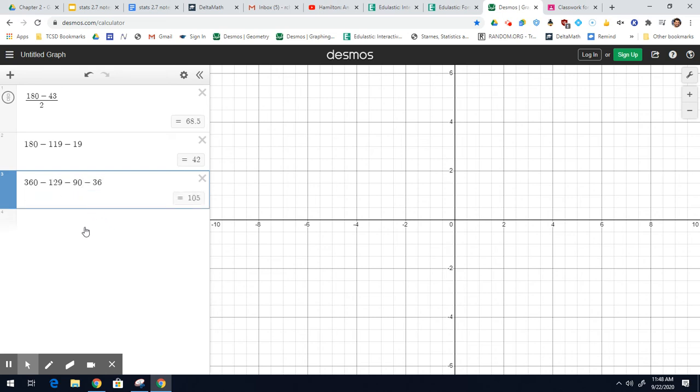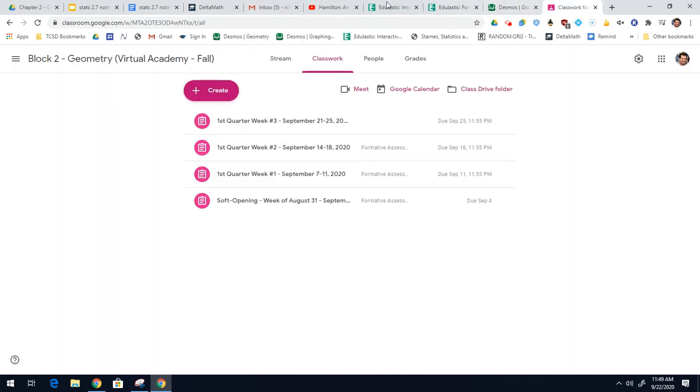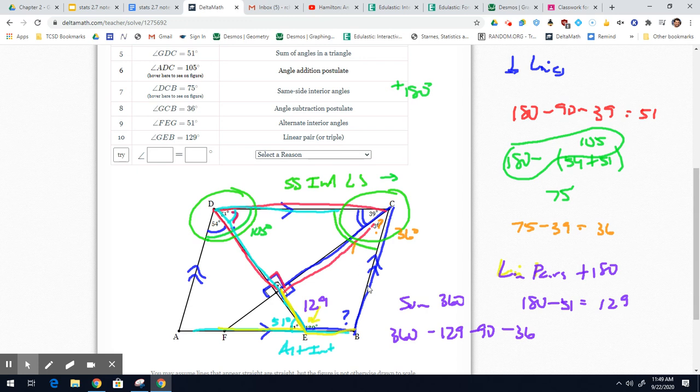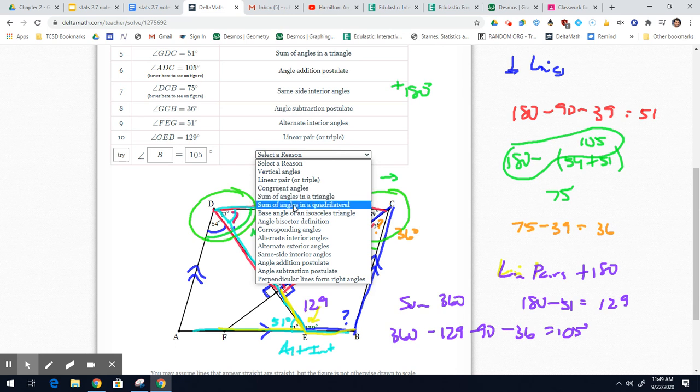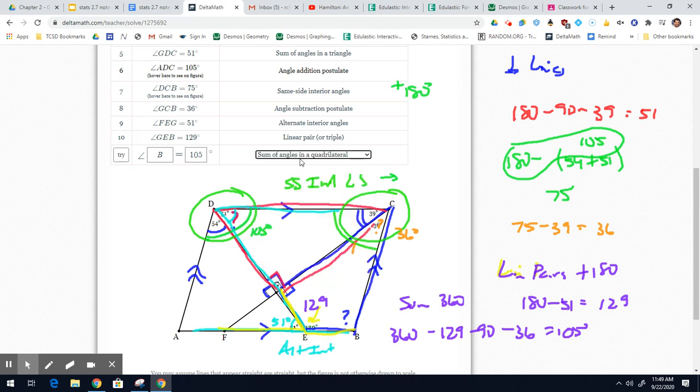And that is 105 degrees. And that should be what that angle is, 105 degrees. Okay, so that is angle B. And that is because of the sum of the angles of a quadrilateral.